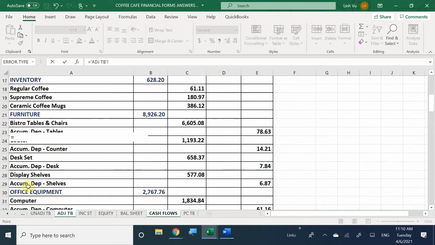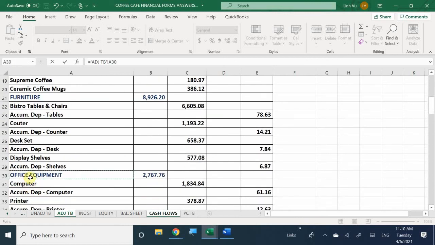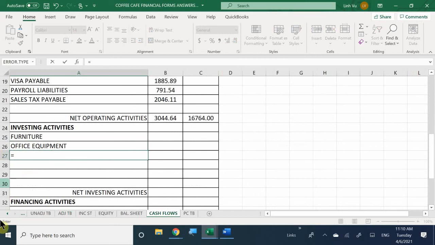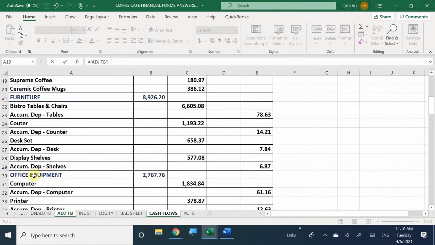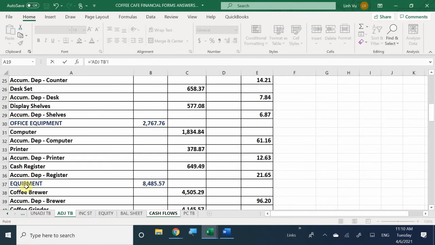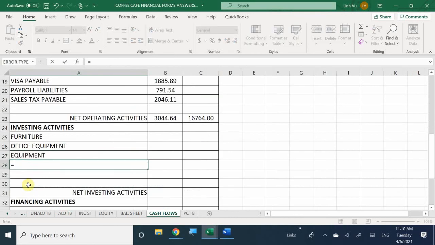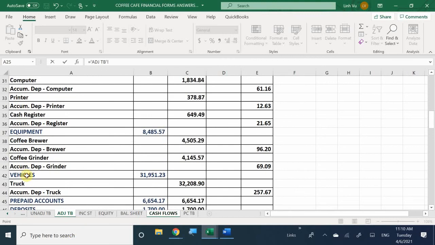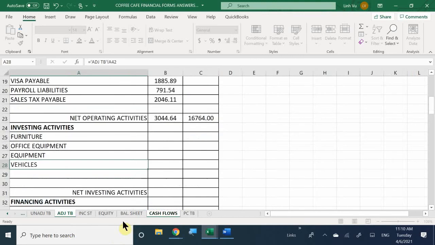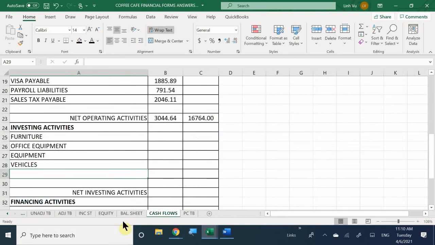So furniture, we purchased office equipment. We also purchased regular equipment. And we also purchased a vehicle. Now, once again, if you purchase the items, do you have the cash?